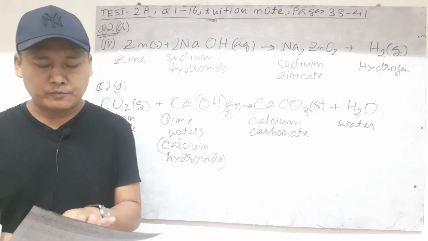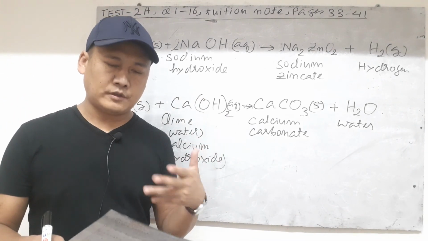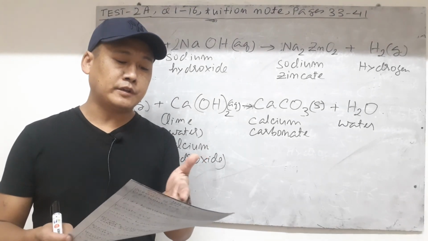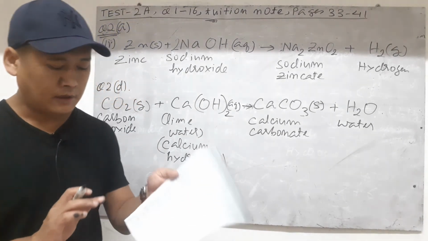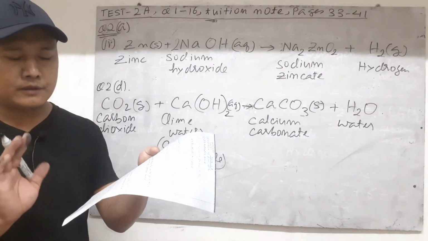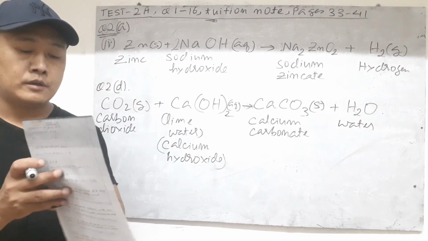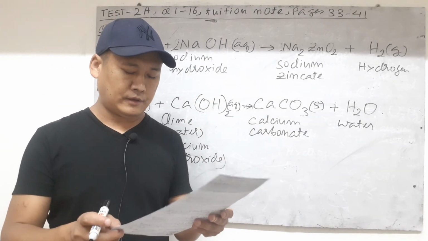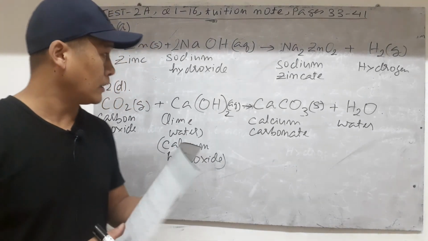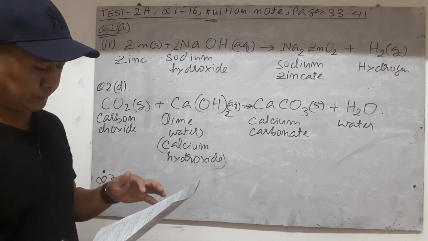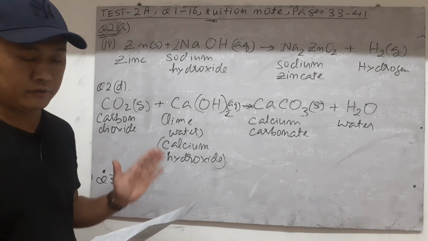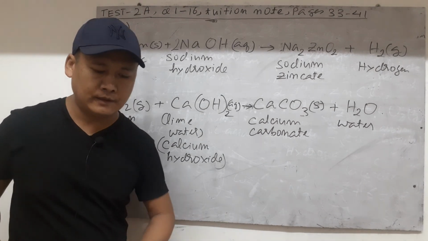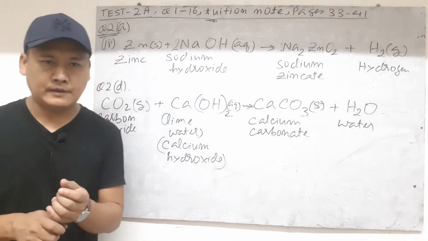You try to fill in those boxes by making those boxes also in your tuition copy, and fill them in by searching for their answers from question 1 to 16. And last question number 3 also. What turns blue litmus to red? You'll find them, search the answer from question 1 to 16. The rest that I have practiced with you is question number 2, all these 4, 5, 6, 7 chemical equations. After you're ready with all of this, then you take the test. I hope that's fine, right? Okay.